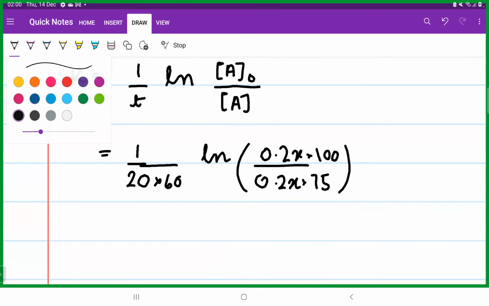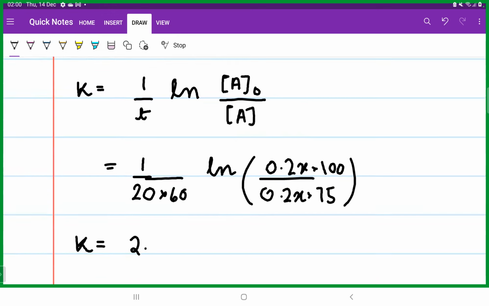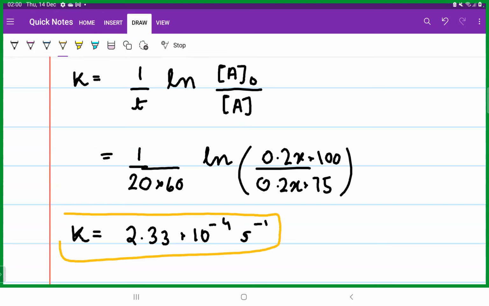Okay, so once we use a calculator, we will find that this value is equal to 2.33 into 10 to the power minus 4 per second. Okay, that is the value of rate constant.